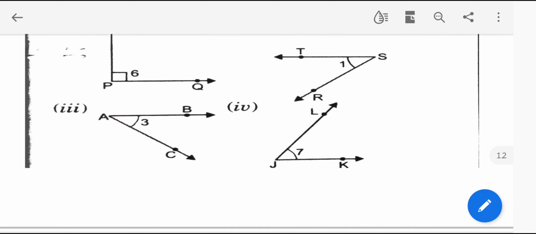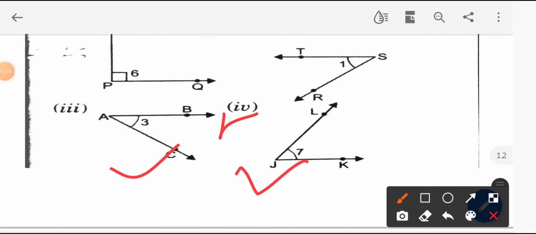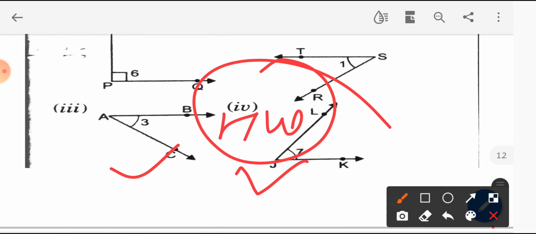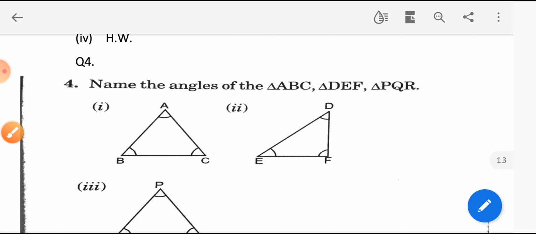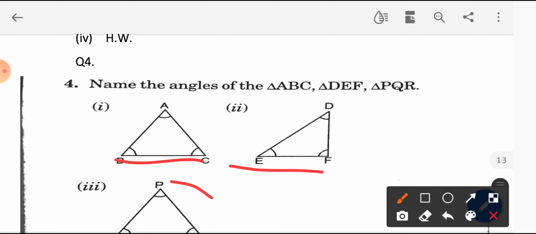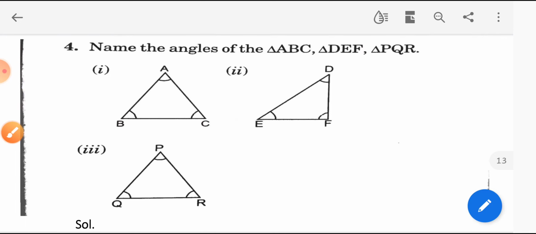In this way you have to solve question number 3 and 4, which is your homework. Then see the next question. Question number 4. Name the angles of triangle ABC, DEF and PQR. As we know, how many angles are there?